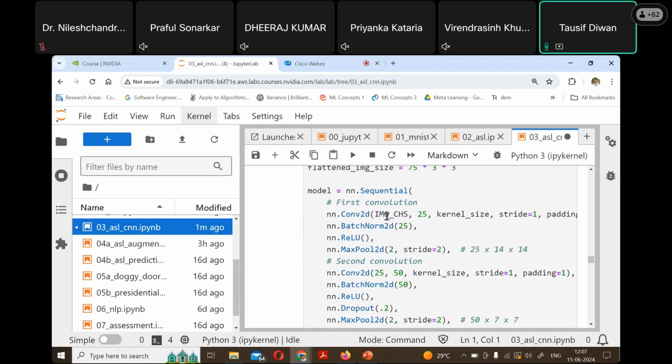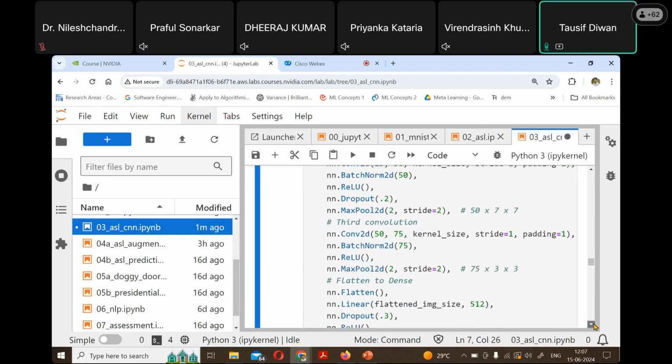First convolutional 2D. So image channels, total number of channels in the image. Then how many filters that we are applying is the second argument. 25 filters we are applying. What is the filter size? 3 cross 3, kernel size that we already defined. Then stride is equal to 1. Then padding. Are we applying any padding over here?